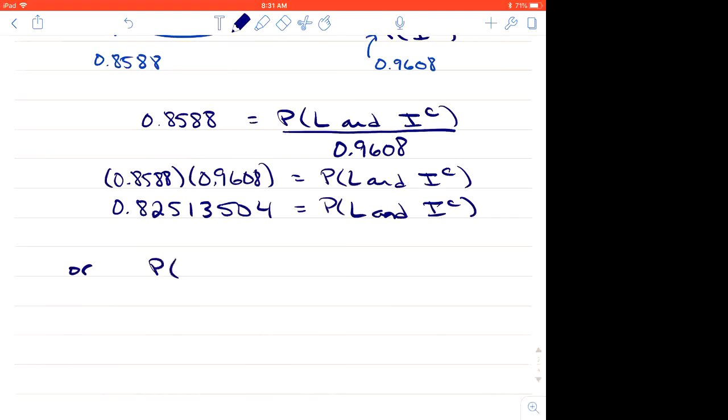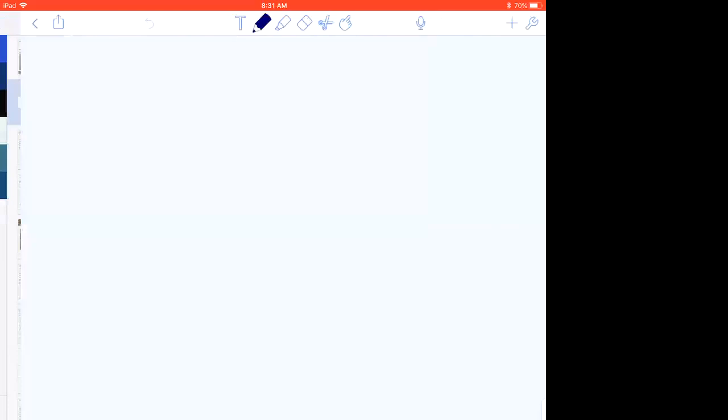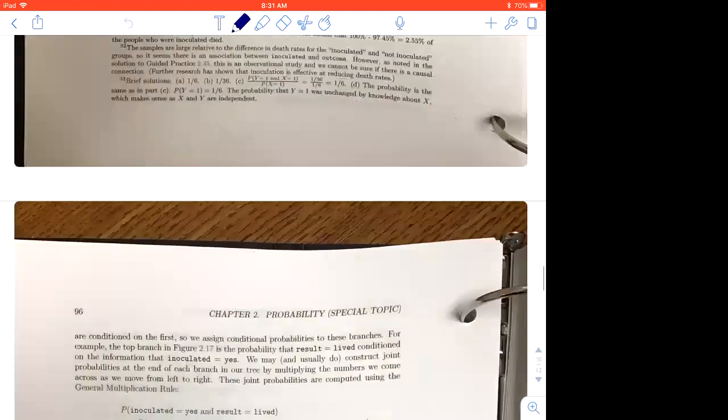Or if you want to round, just go to the probability of L and not I is 0.8251, keeping 4 decimal places at least, just because that's how many I gave you. Any questions about that one?